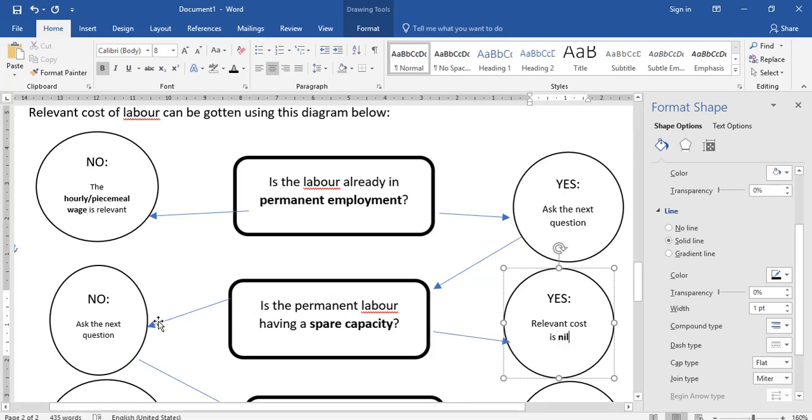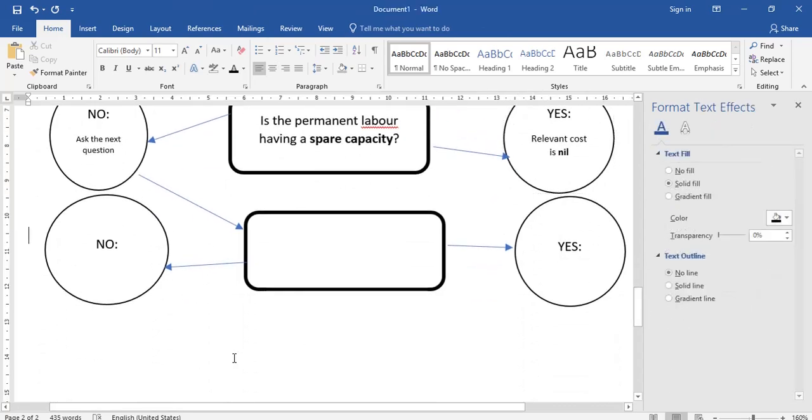So if there is no spare capacity, you have to ask the next question. And what is the next question?